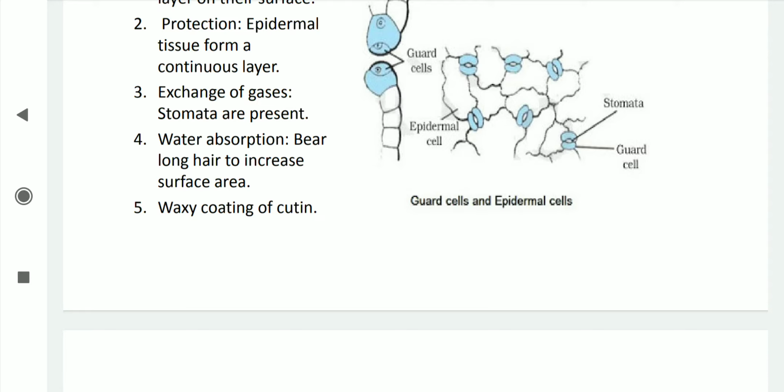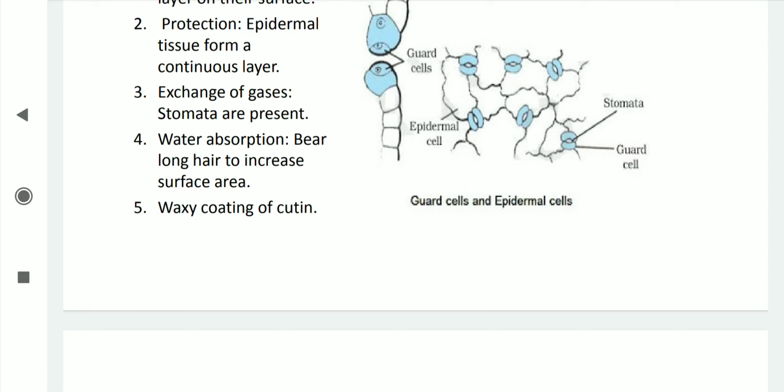Okay, epidermal cells of the root, whose function is water absorption, commonly bear long hair-like parts that generally increase the total absorptive surface area, and in this manner they can absorb more water. Next is, I told you about the cutin in desert plants.